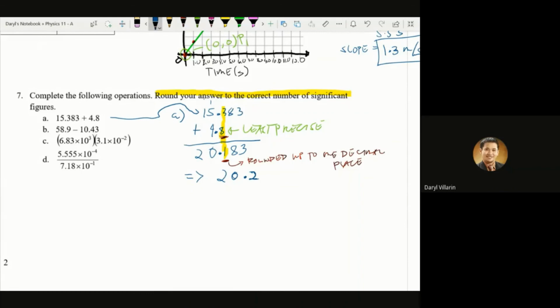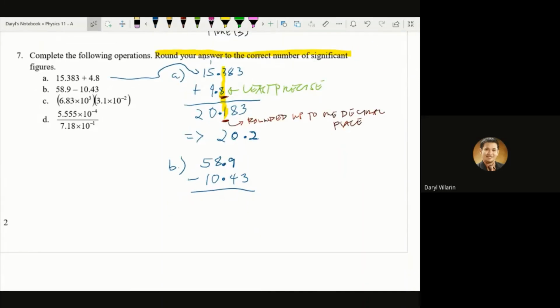So for letter B, it's subtraction. So same thing. It's much easier, or actually you can also do this one in your calculator. But to identify the number of significant digits of your final answer, or in this case, the number of decimal places, it is much easier if you're gonna do it vertically.